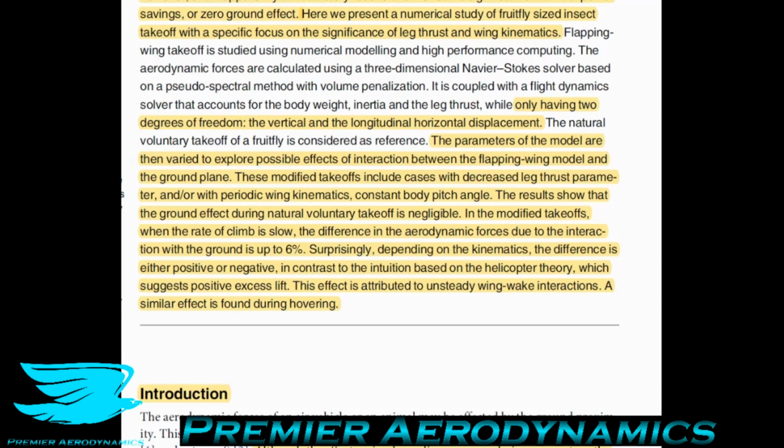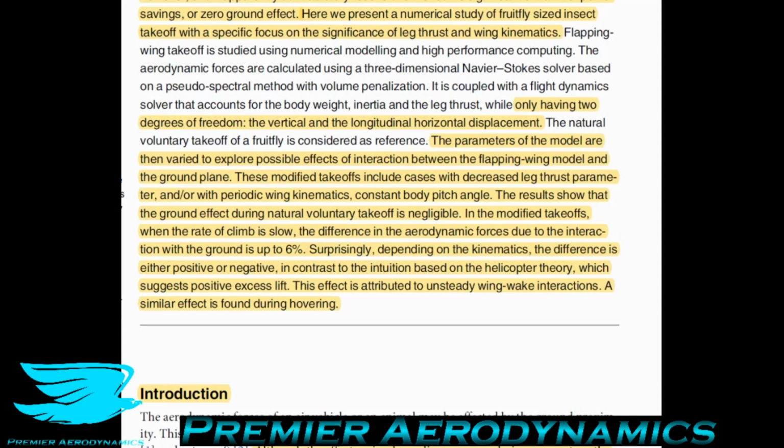In the modified takeoffs, however, when the rate of climb is slow, the difference in aerodynamic forces due to the interaction with the ground is up to 6%. However, depending on the kinematics, this is either a positive or a negative effect. And this is in contrast to the helicopter theory in ground effect, which suggests a positive excess lift.